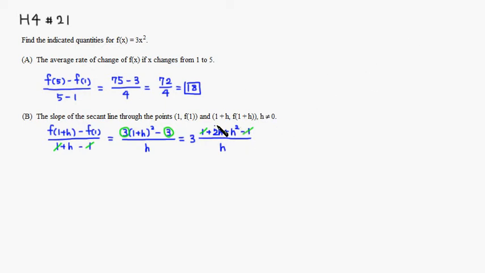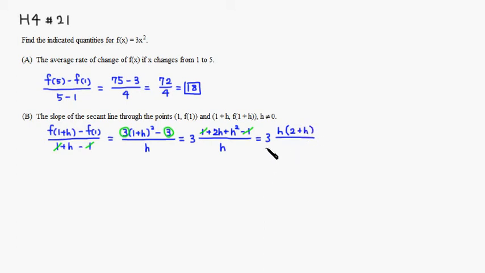Then luckily what's left on top both have h as a factor. So you have a 3 in front, and I'm going to pull h from 2h, so you're going to have 2, and I factor h from h squared, have h there.